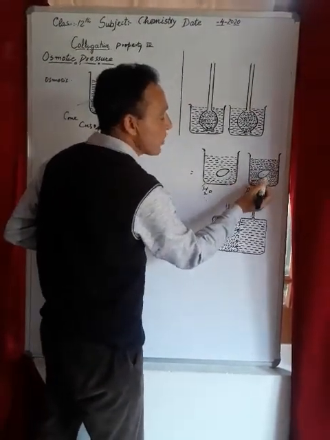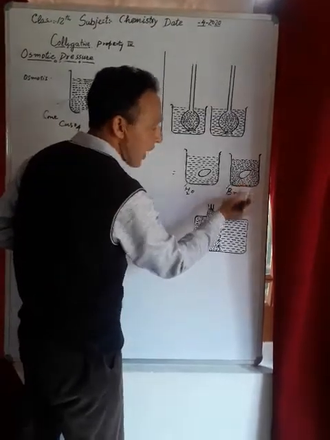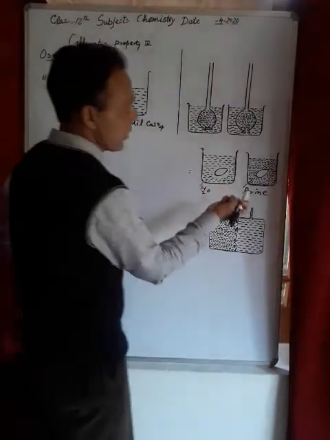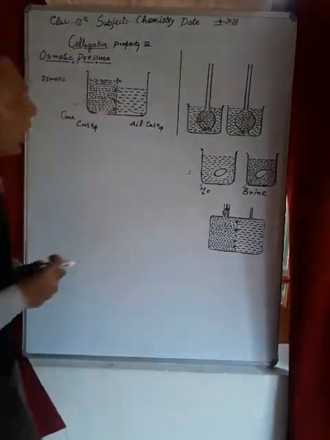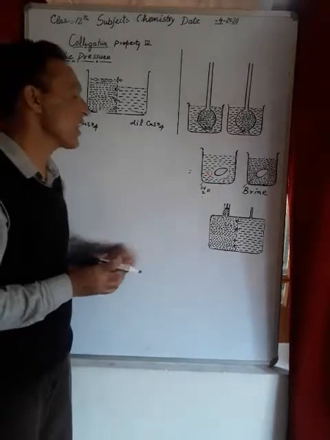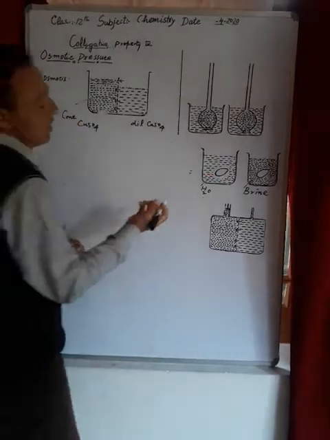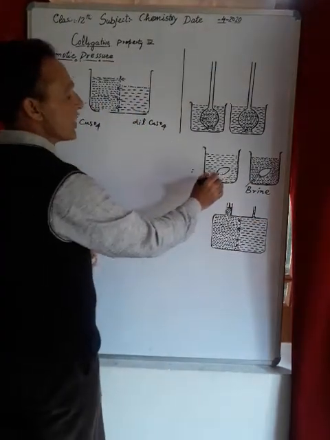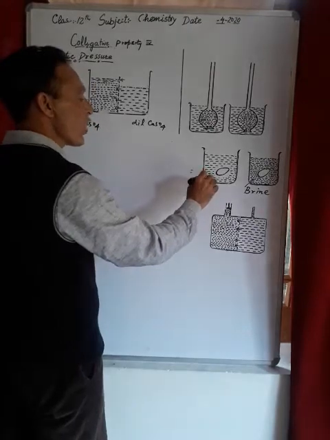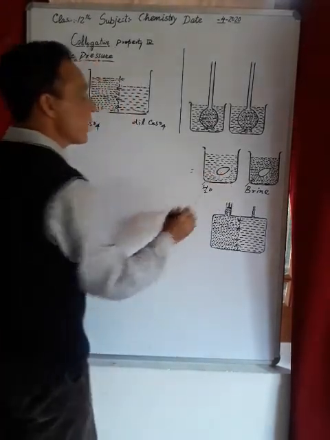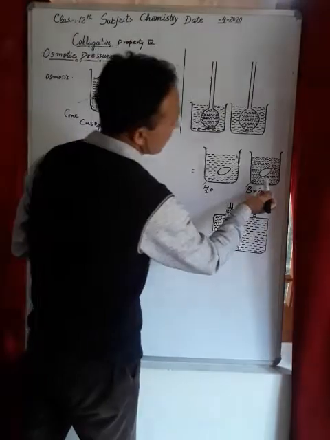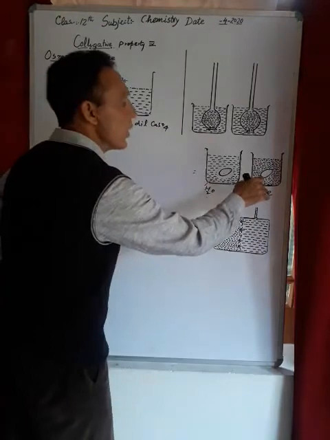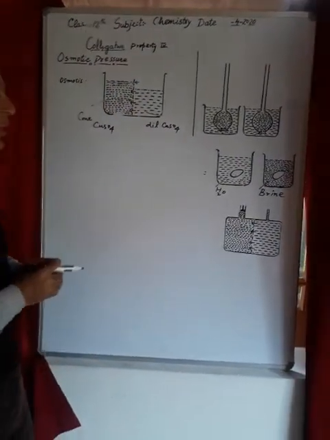Therefore this egg shrinks. This is the example of osmosis in the egg, in which one egg swells and another shrinks. In the first case osmosis of water into the egg takes place, and in the other case osmosis of water from the concentrated fluid takes place into the sodium chloride solution.